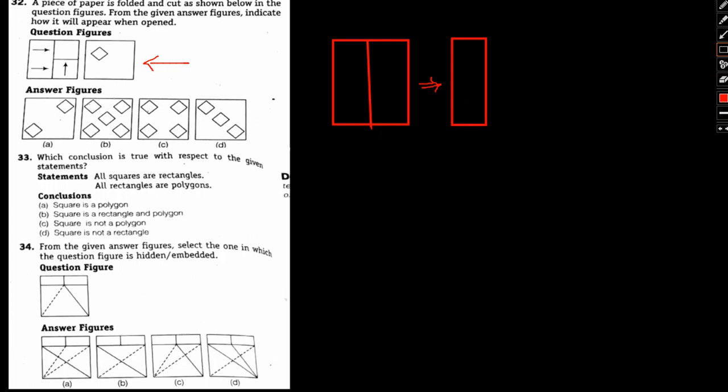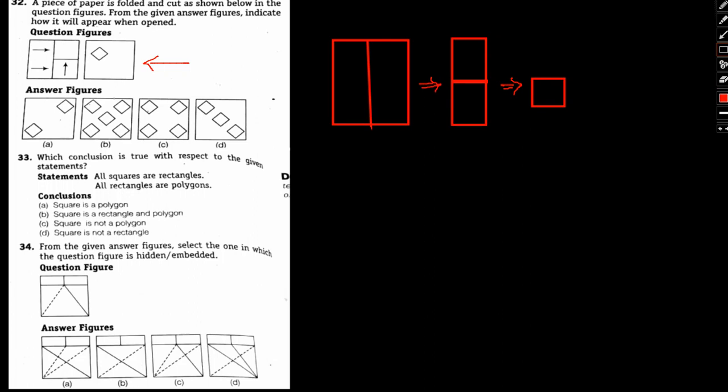Now it's folded again from this point, so the resultant figure will look something like this.